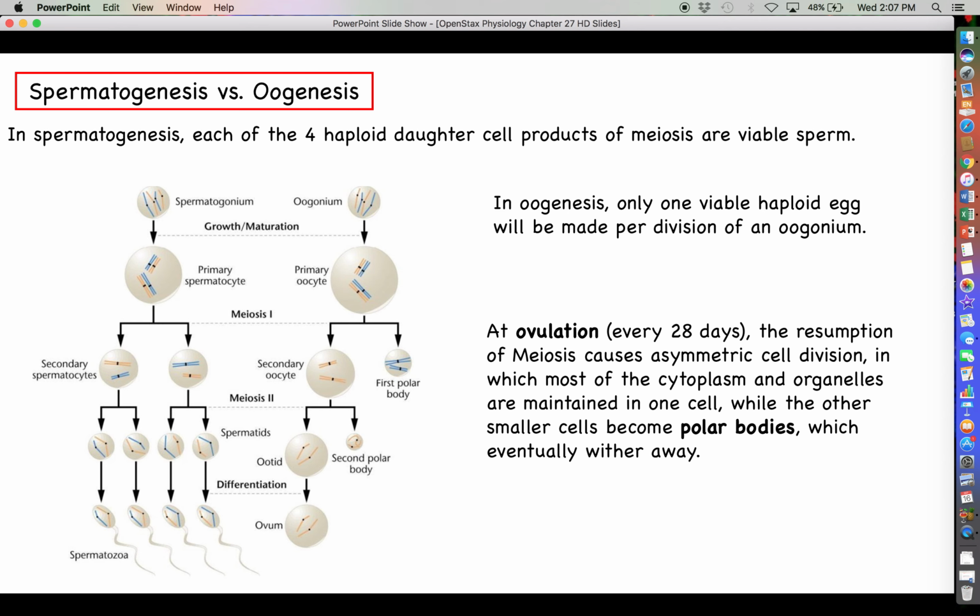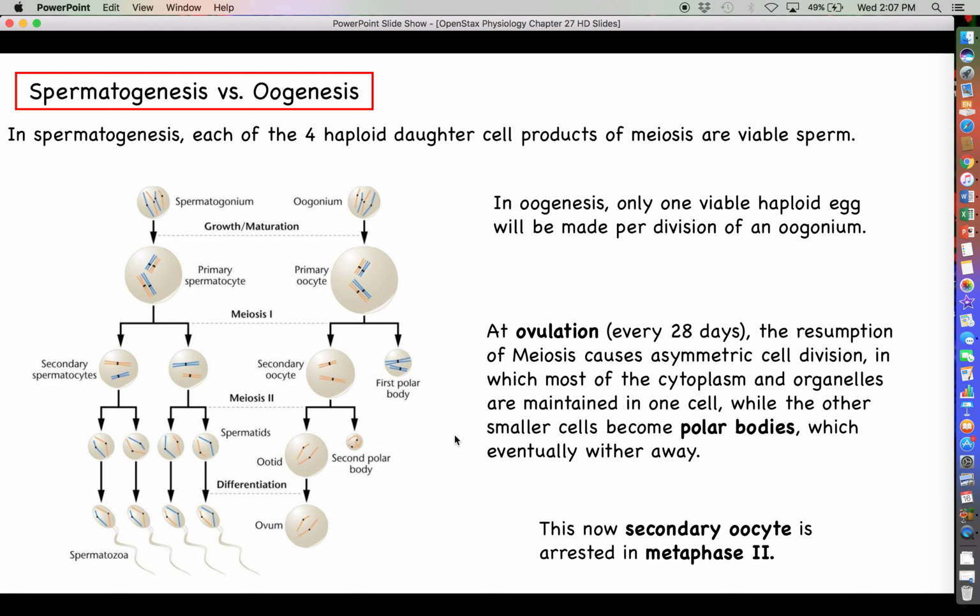So you don't want to take your chances and say, okay, we're just going to have eggs that all have the same amount of resources, because each one of those may not have enough. So you're basically putting all your eggs in one basket. Pardon the horrible pun, I am so sorry, but you're basically putting all of your eggs in one basket to make sure that one egg can succeed rather than having 4 eggs that none of them can succeed.